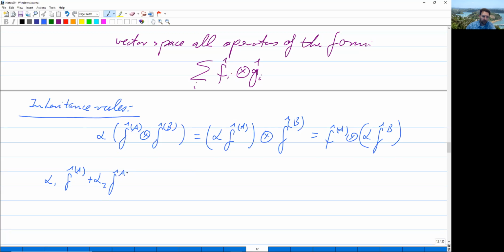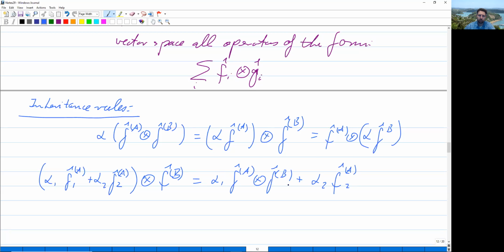This is also an operator from the first system, system A, but it's the second one. This is the first one. And then we take the tensor product with an operator of the second system. Then we obtain that this is alpha 1 f hat a1 tensor f hat b plus alpha 2 f hat a2 tensor f hat b.